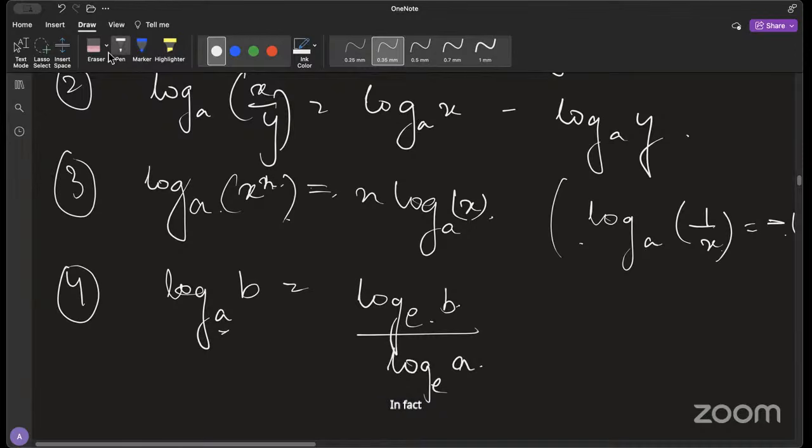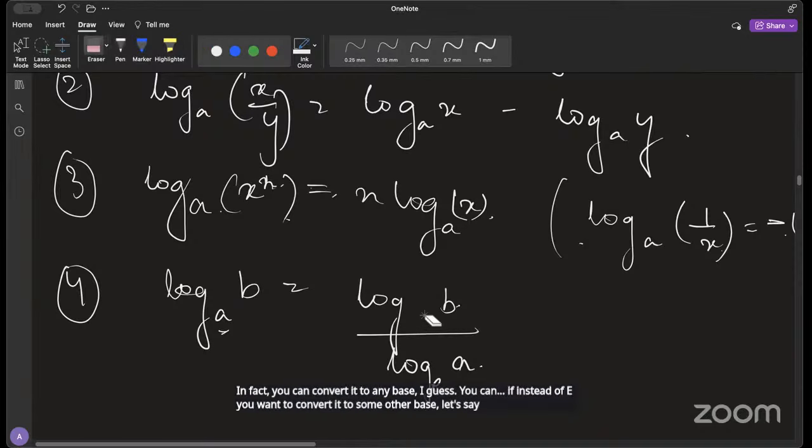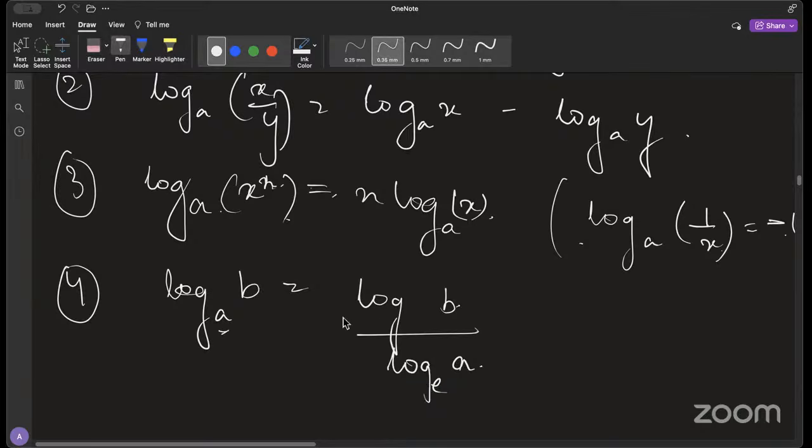In fact, you can convert it to any base, I guess. If instead of e you want to convert it to some other base, let's say c, you can convert it to that too. Some different base from these two, different from a and b.